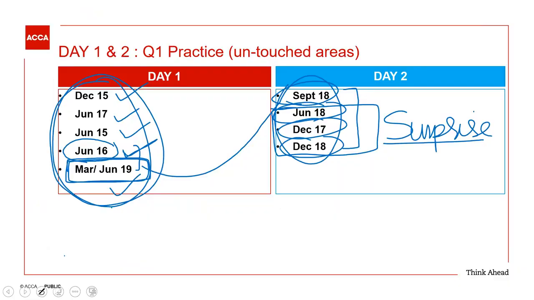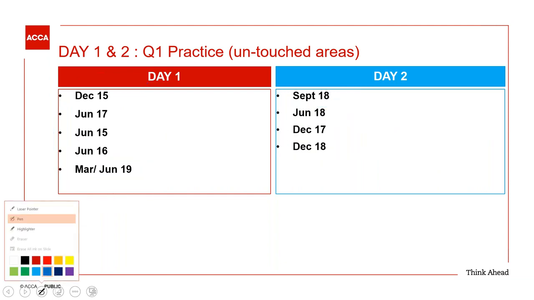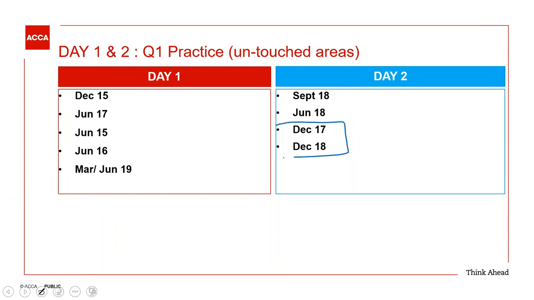Okay, now that means we are left with December 17 and December 18. Let's first do December 17. It's more like the September 18 question we did, so it will not take much time.